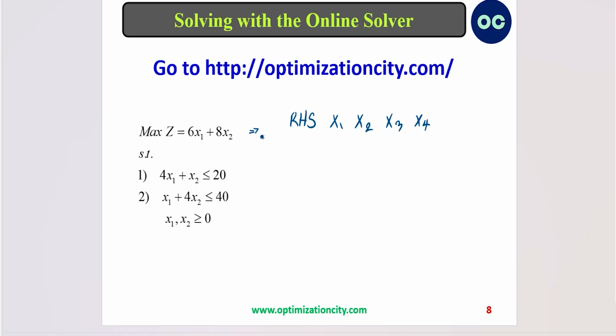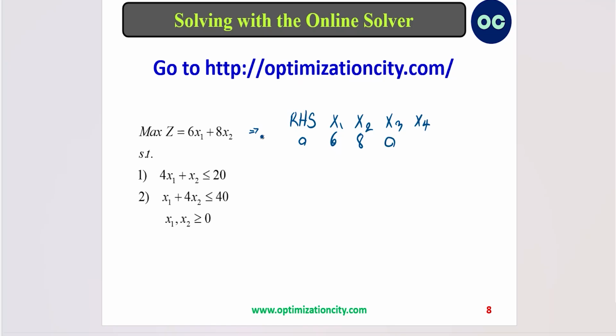We need to add x3 and x4 to make the inequalities equalities. So the right-hand side of the objective function is 0, the coefficient of x1 in the objective function is 6, the coefficient of x2 is 8, the coefficient of x3 is 0, and the coefficient of x4 is 0.